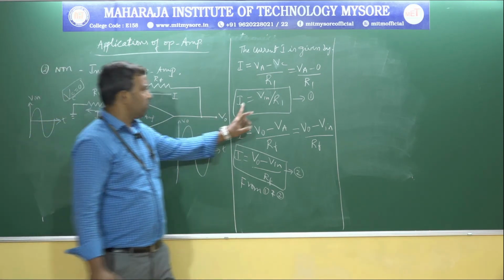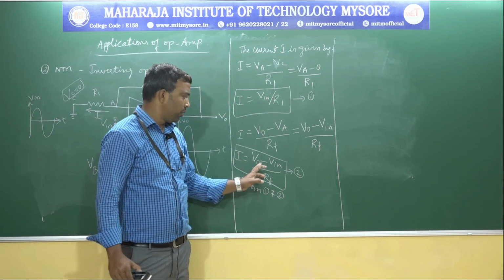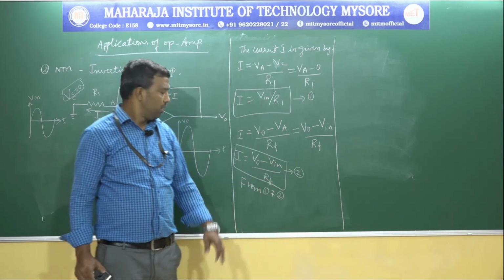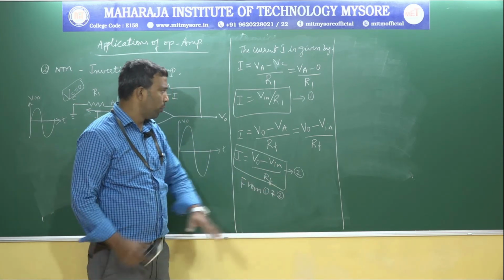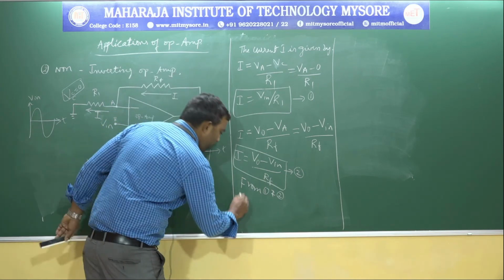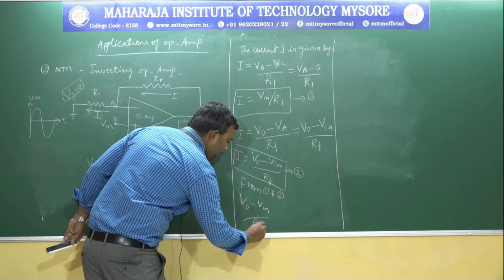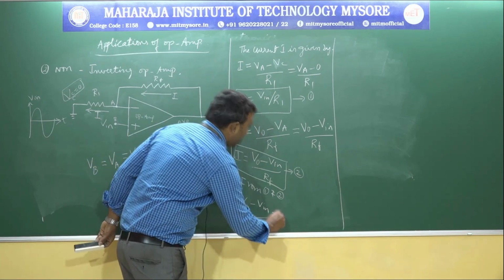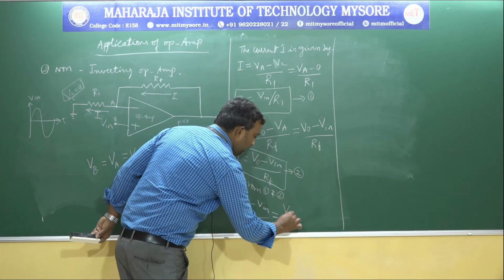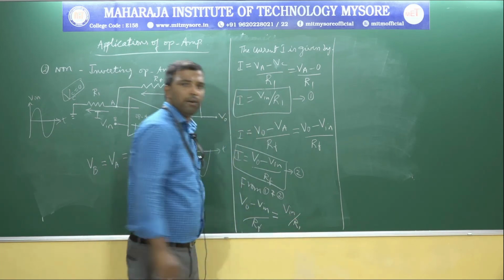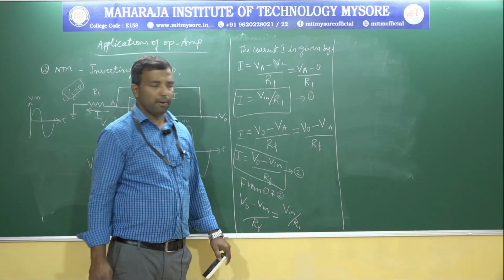So I is Vin by R1 and the other is VO minus Vin by RF. So by using expressions 1 and 2, we can write VO minus Vin divided by RF equal to Vin by R1.